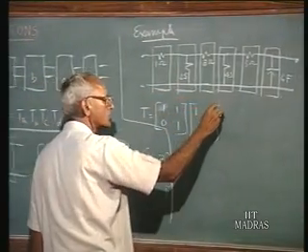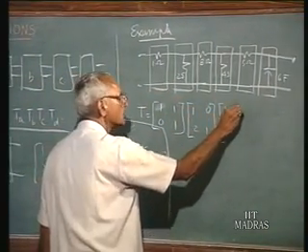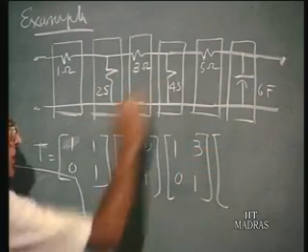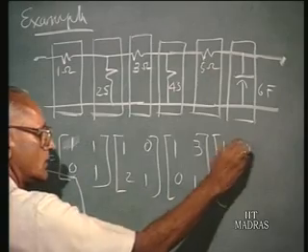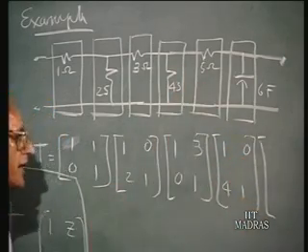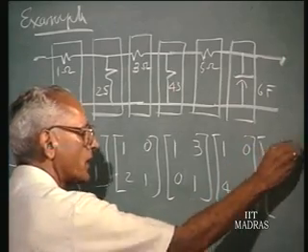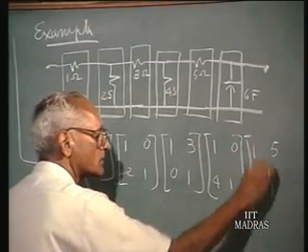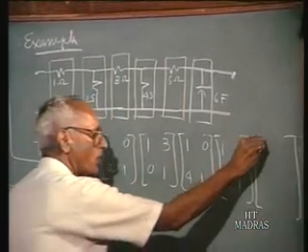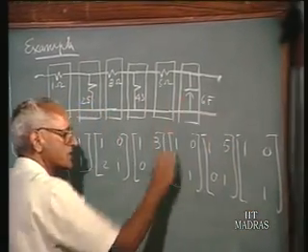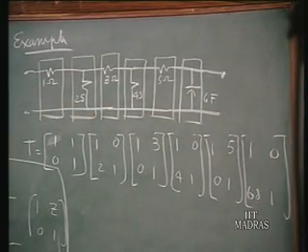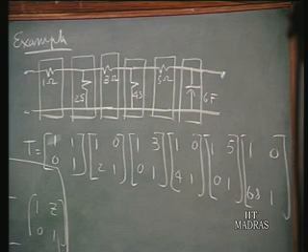Similarly, the third 2-port network is [1 3; 0 1]. For the fourth it is [1 0; 4 1] because it is a shunt element. Fifth again a series element [1 5; 0 1], and the last is again a shunt element [1 0; 6s 1]. The admittance of this element is 6s in terms of the generalized admittance functions. So that is your overall chain matrix.